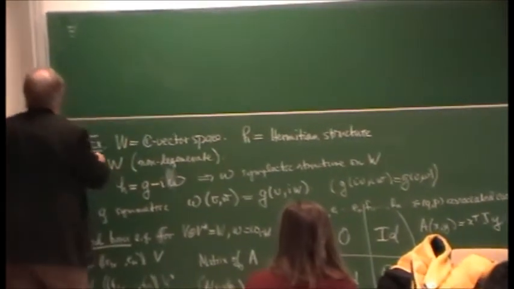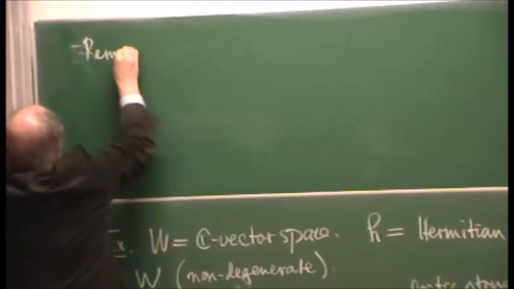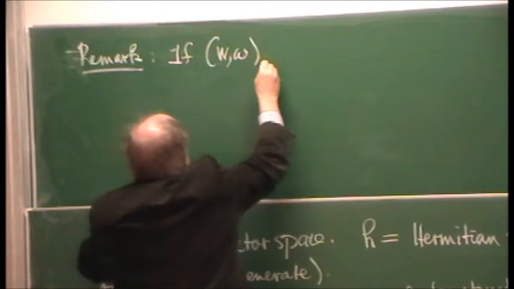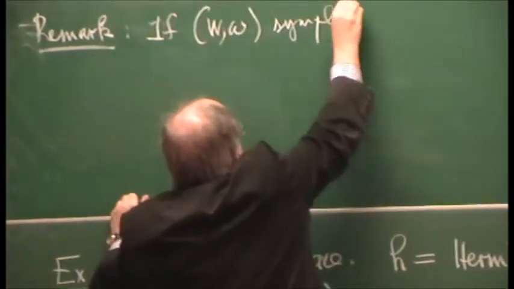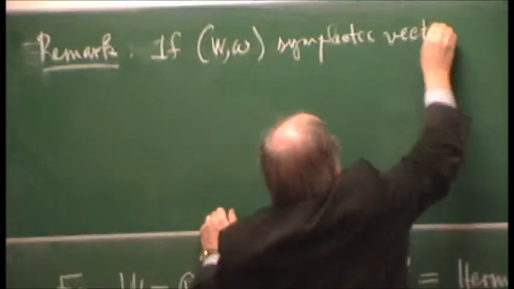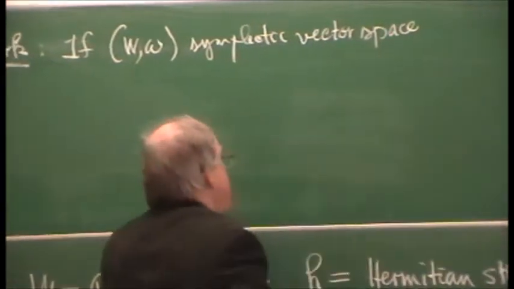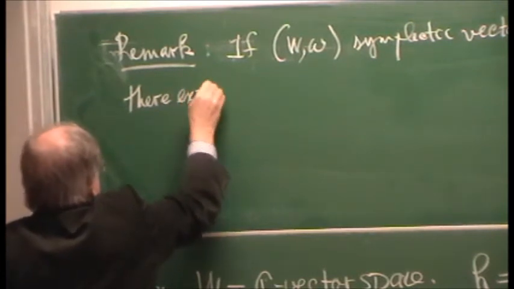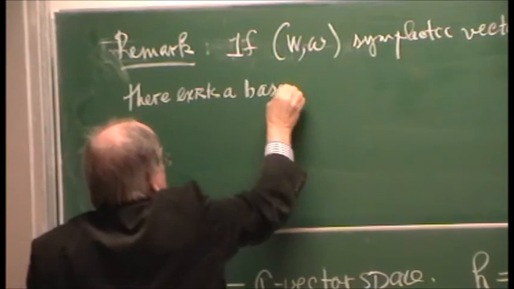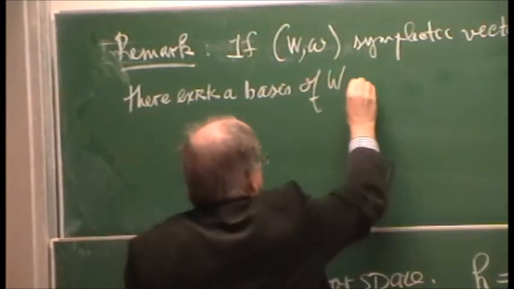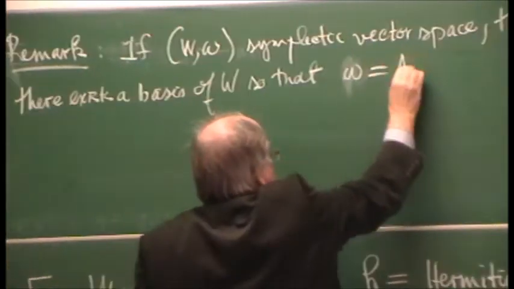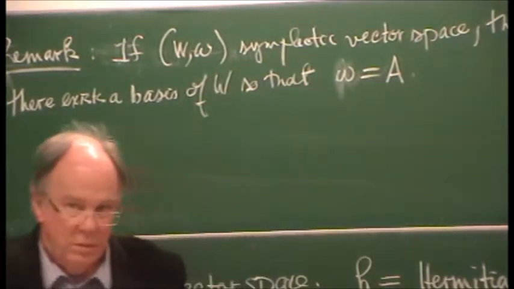So that was for this example, and the key remark is: if (W, omega) is a symplectic vector space, then there exists a basis of W so that A equals omega, in that sense.